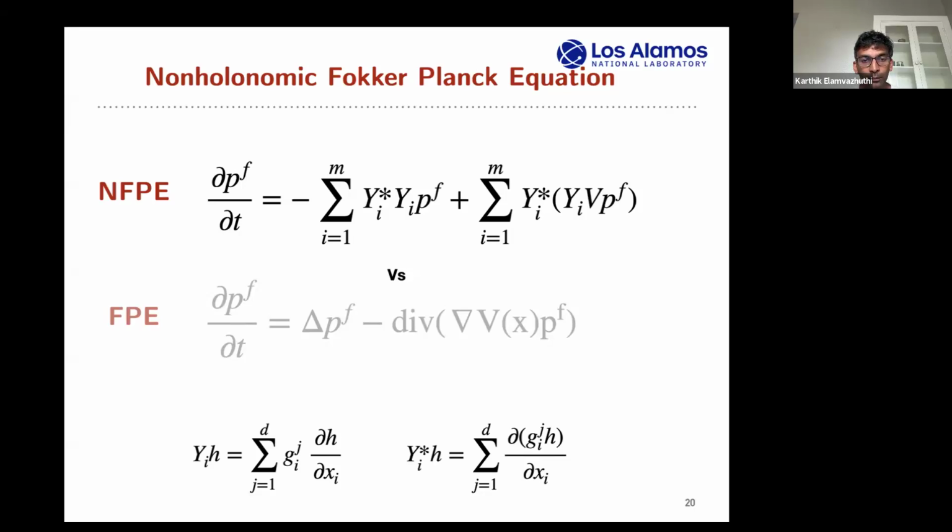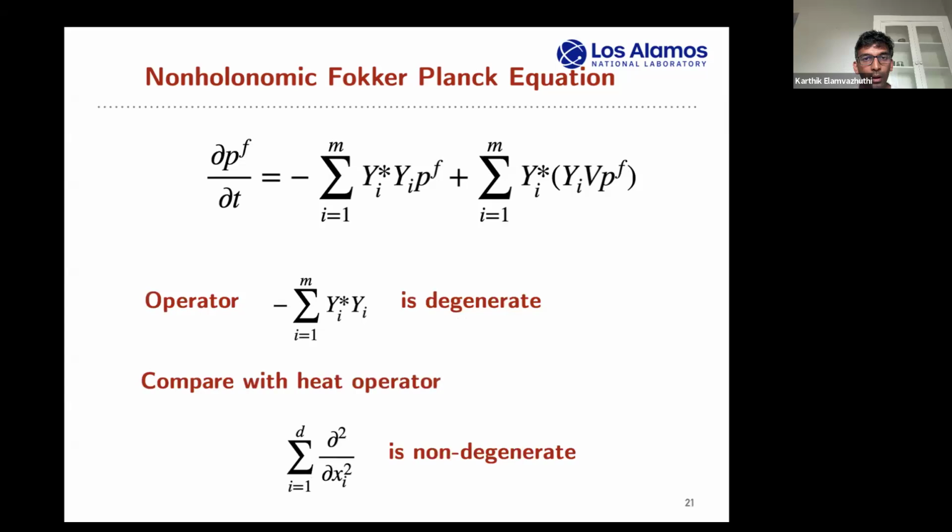One of the issues with dealing with this non-holonomic Fokker-Planck equation, and why this problem becomes especially challenging in the control case, is that the operators associated with these PDEs are extremely degenerate.